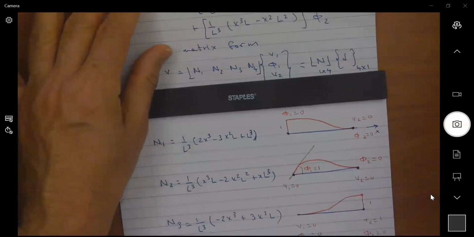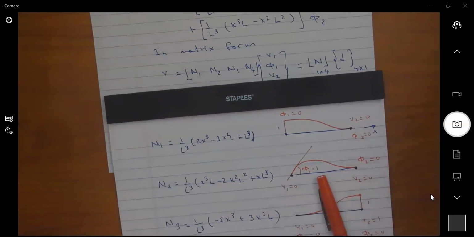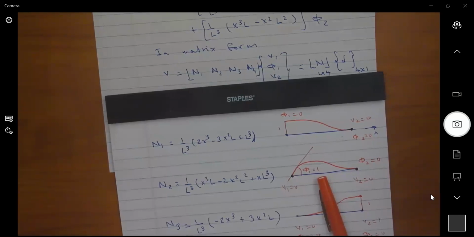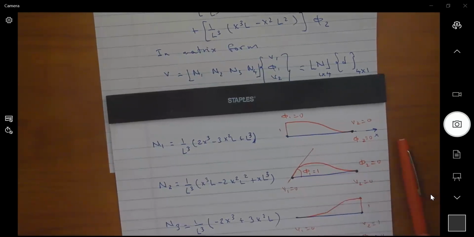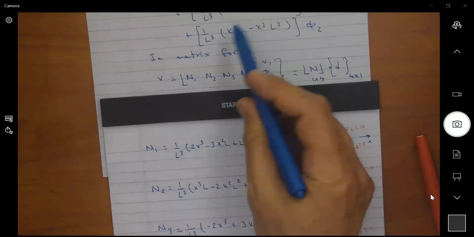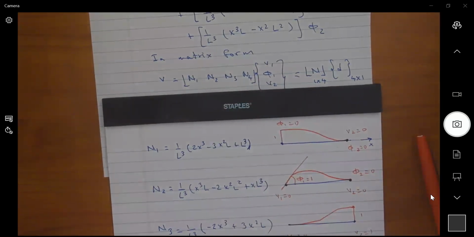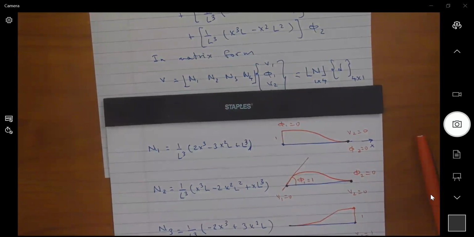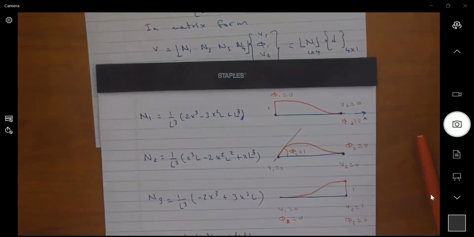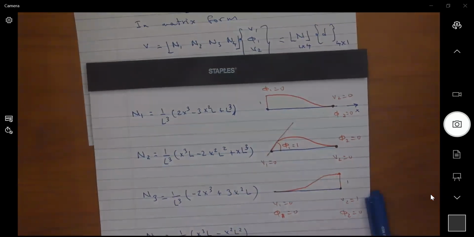And finally, N4 is equal to this last term, the fourth term, 1 over L cubed times x cubed L minus x squared L squared. So if I plot this function, at x equals 0, I will get a 0.